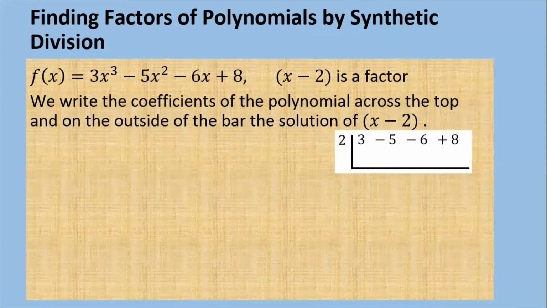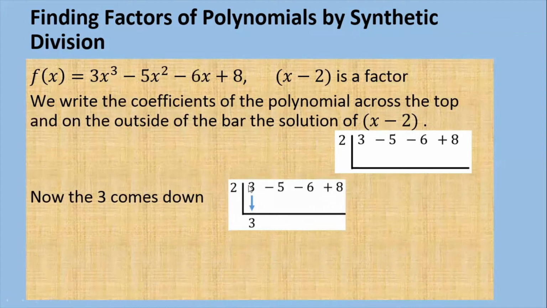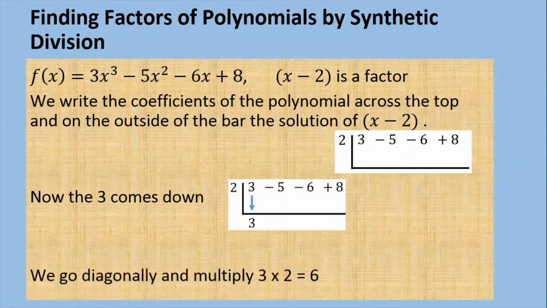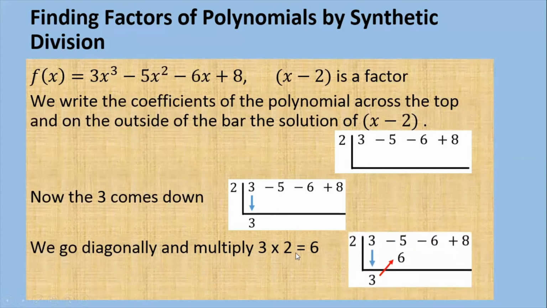Now what do you do? You will bring down the 3 like this. Okay, the first number you always bring down. Simple. And then what do you do? Well, you will multiply 3 times 2, but you will place it diagonally. So 3 times 2 is 6. You will place the 6 here. It's diagonal. Okay? And then what do you need to do?